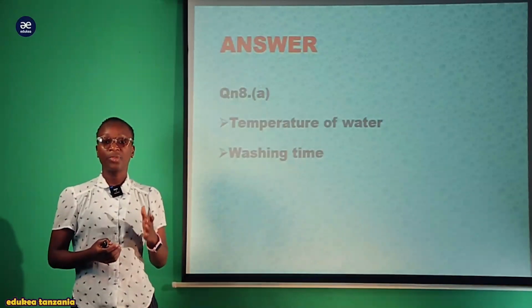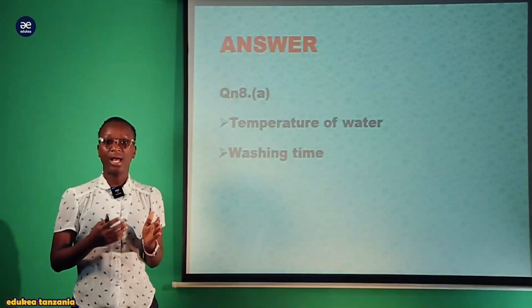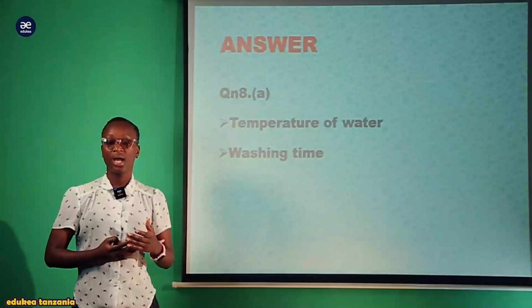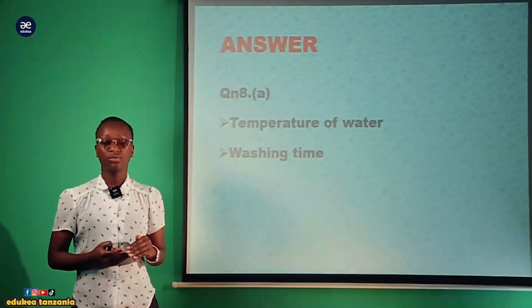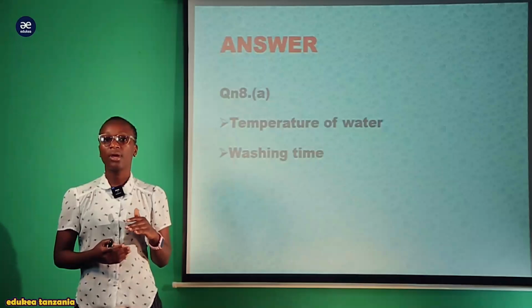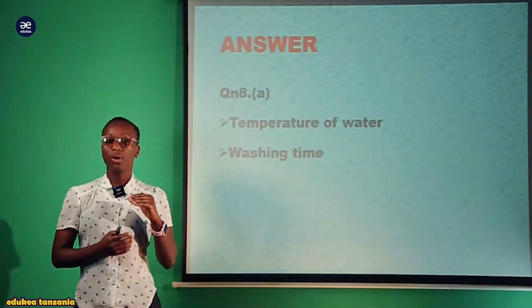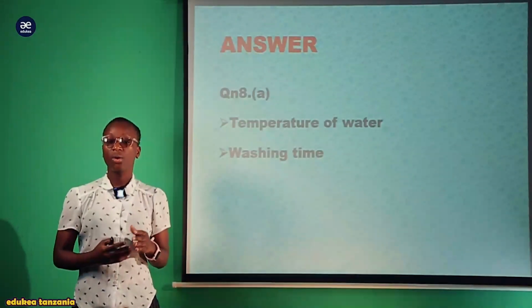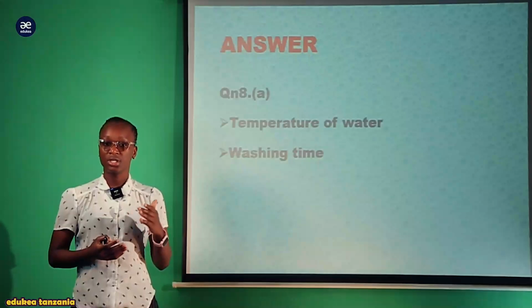Tulikuwa tunaangalia ile the way soap imeform the leather, imetengeneza ile povu na sample of the water. Tulikuwa na sample E, F na G. Kwa hiyo tukaona kwamba okay, the soap ambayo ilikuwa used kutengeneza ile leather au ile povu ilikuwa katika different categories.